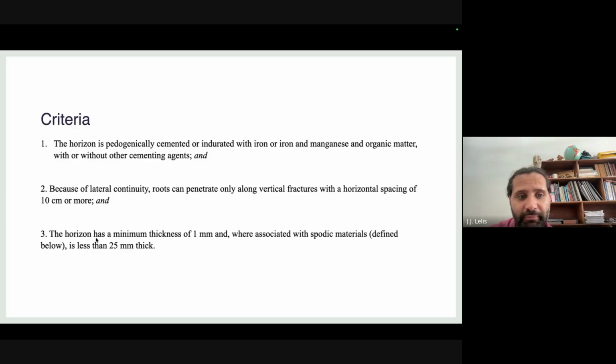And now the minimum thickness is just 1 millimeter, okay? Where associated with spodic materials is less than 25 millimeters. So the thickness, it's less than the ortstein, okay? So in this case, it should register just 1 millimeter or more, but less than 25, because 25 or more than this is the ortstein, okay?